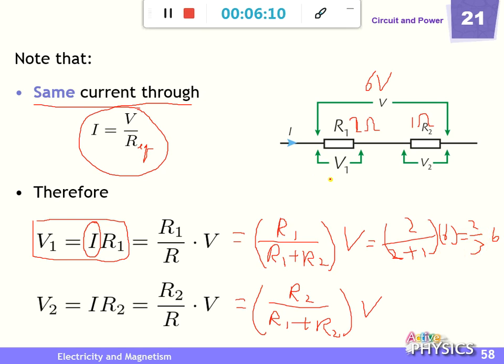After the calculation, you can see that V1 should be 4 volts and V2 will be 2 volts. This we call division of voltage. It means that if you know R1 and R2, you can divide the total potential difference into 2 parts, depending on the resistance. This we call division of voltage.